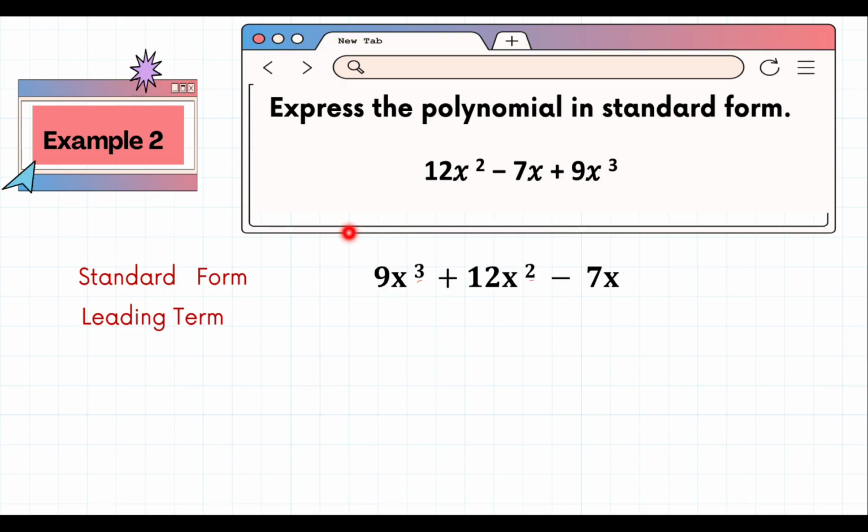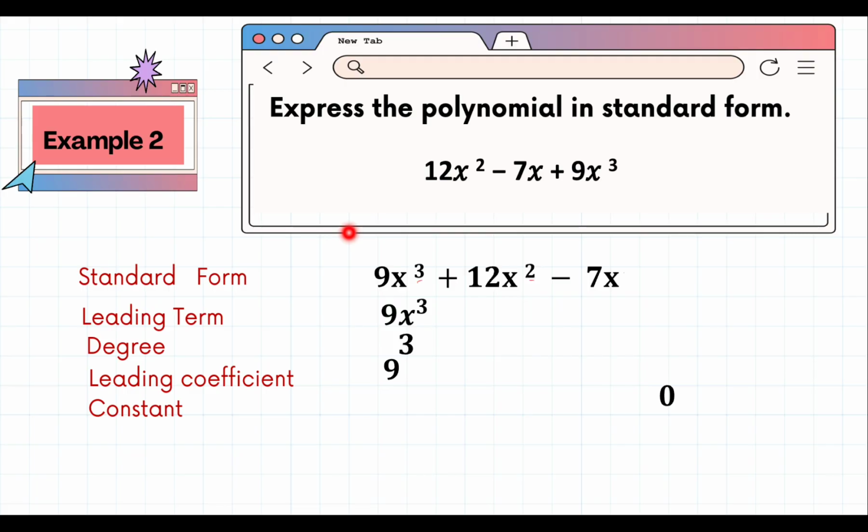The leading term is 9x raised to 3. What is the degree? From the leading term, we get 3. What is the leading coefficient? That is 9. And of course, what is the constant? Everything has an x, and we said the constant is the one without the x. Therefore, there's none, so we say 0. 0 is the constant for this particular polynomial.